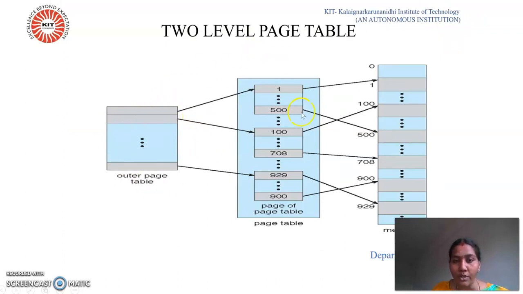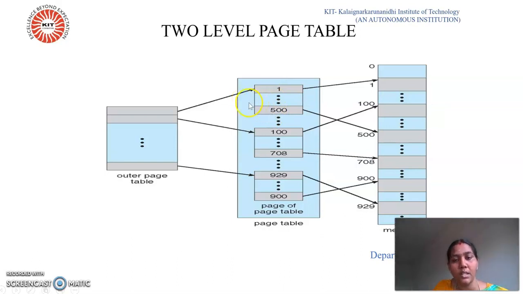This is the outer page table and this is the inner page table. In the hierarchical paging model, we divide the page table into two levels. The outer page table contains the index of the inner page table. We usually say that a page table carries the segments of pages, but here the page table carries the segments of pages along with the process.